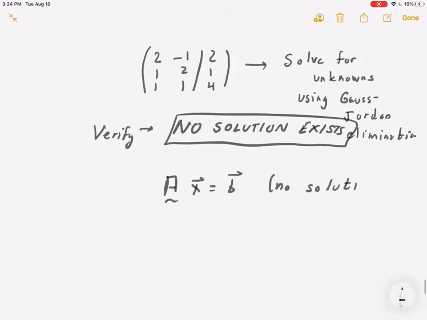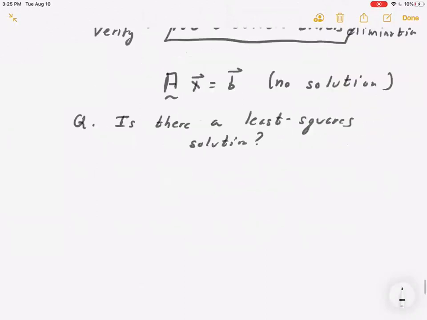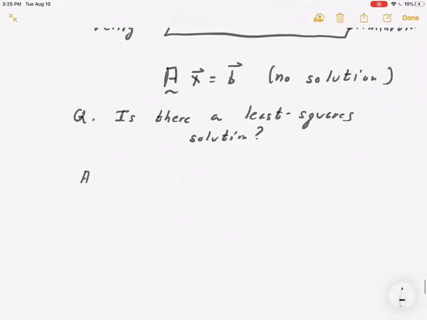But I don't give up and go home. I ask myself, is there a least squares solution? Well, the answer is yes.